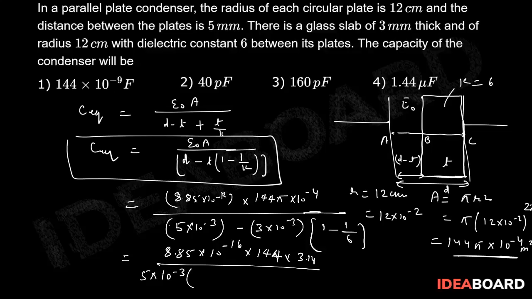So 1 minus 3 by 6. So this will be 1 minus 1 by 2, nothing else, 1 upon 2. Directly I have written it down. And then if you finally solve it, you will get approximately 160 into 10 to the power minus 12, which is nothing else, 160 picofarads.